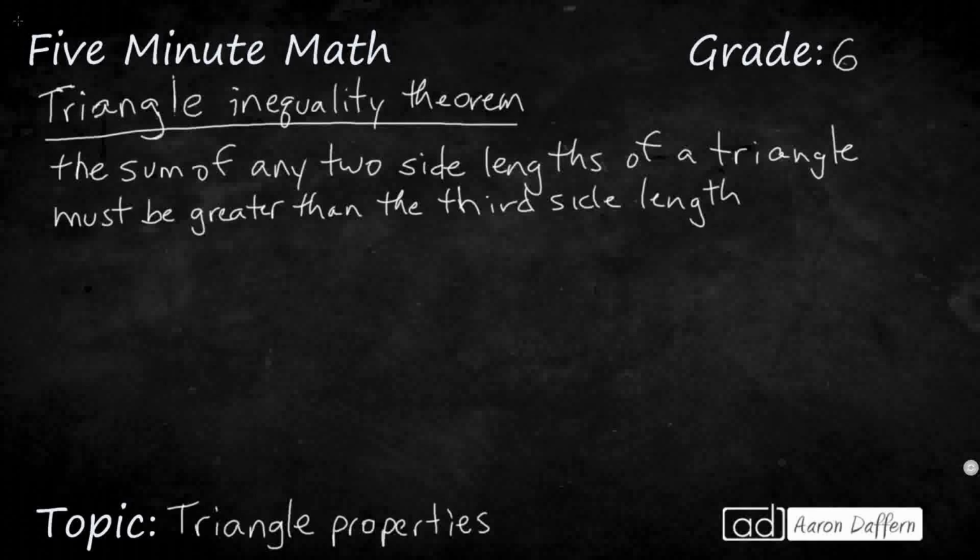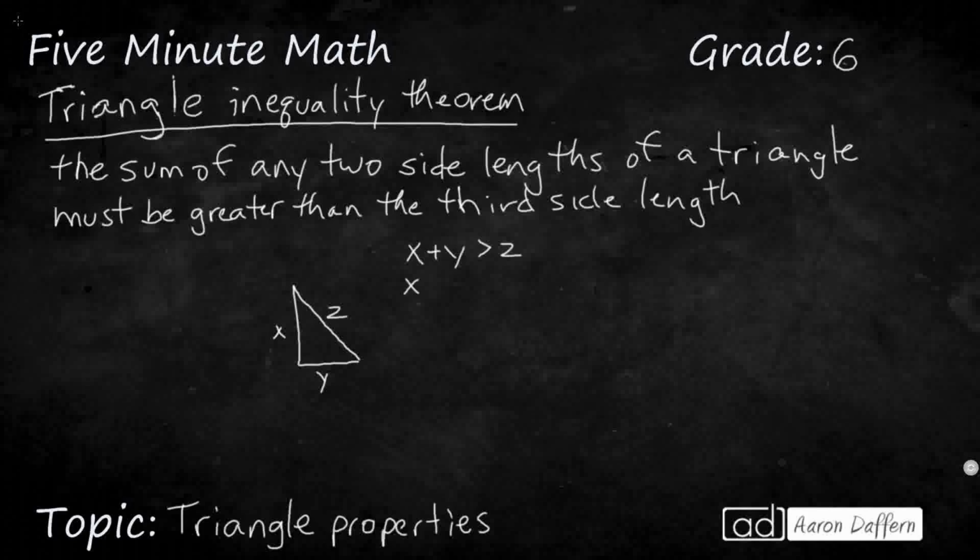What it says is that if you add any two side lengths of a triangle, so I'm just going to draw one for our reference here, the sum of any two side lengths is going to be greater than the third side length. So let's call this side y, side x, let's put a side z. If I add x and y, that has to be greater than z.